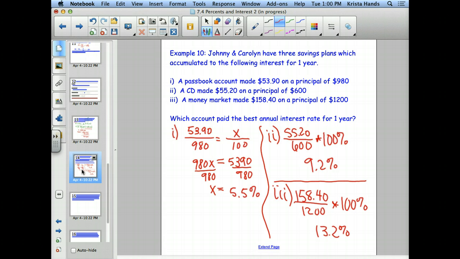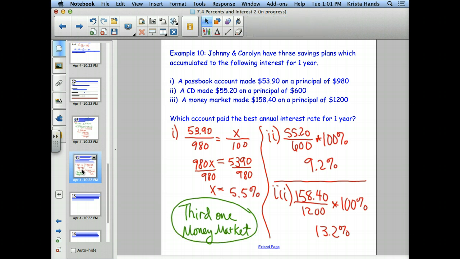Okay, so we need to make sure we answer the question because the question asked what? Which one paid the best annual interest rate? And so the answer is the third one. Or we could say the money market. 13% interest rate.